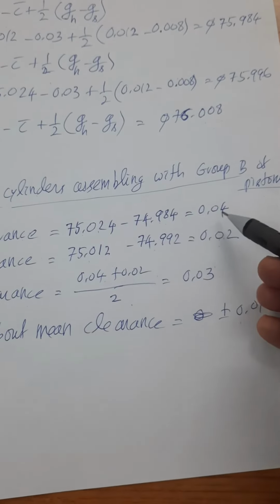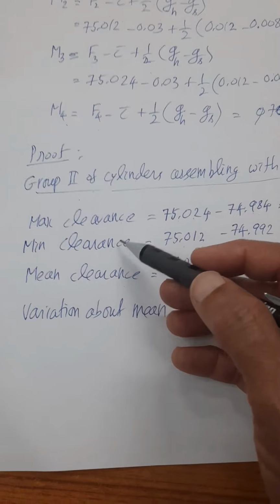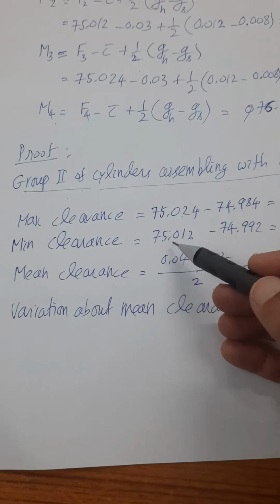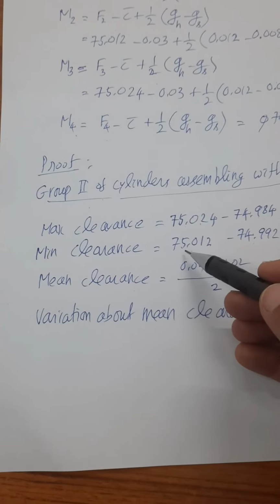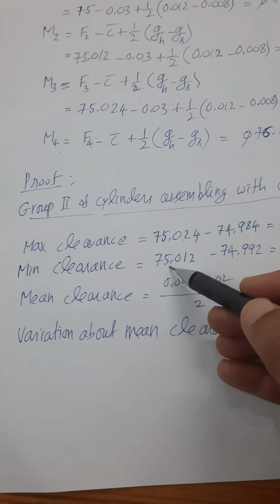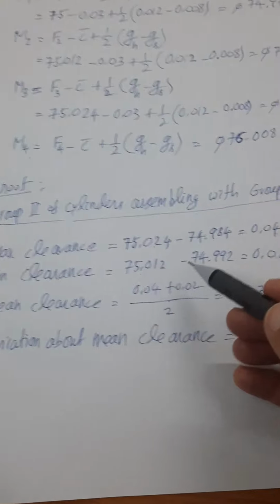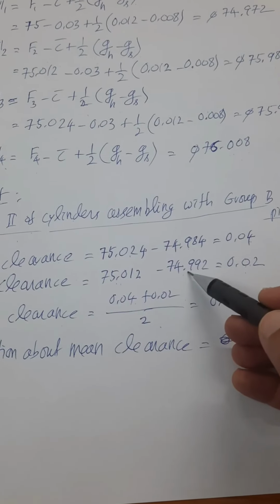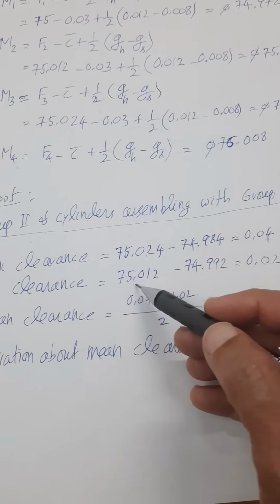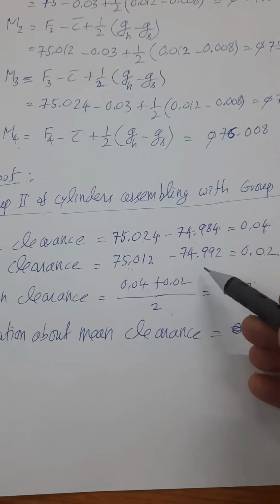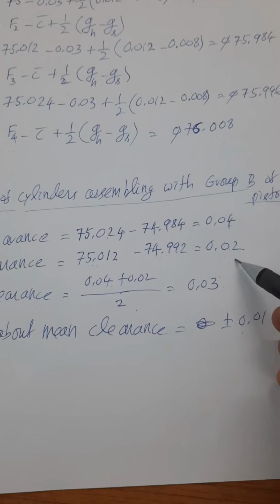So it is 0.04. The minimum clearance is arrived when you assemble a lowest size of the hole under a corresponding group with the highest size of the shaft under the same group. So it is 75.012 minus 74.992, you get 0.02.